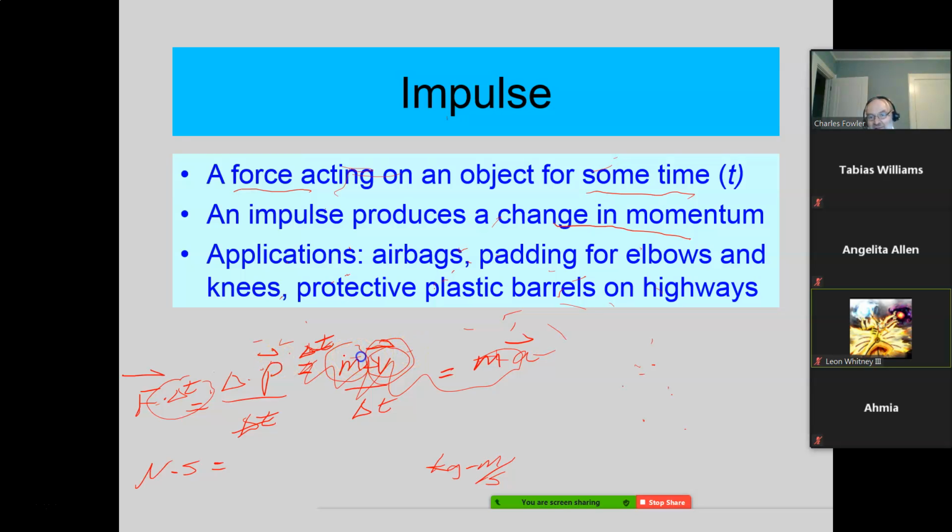A very big mv going to 0 mv. That's an enormously high change of momentum. Now, if that happened over a very, very short time period, think almost instantaneous, the force had to be huge. If this delta t was very, very small, the force is astronomically large.